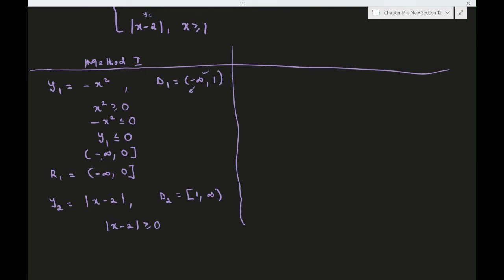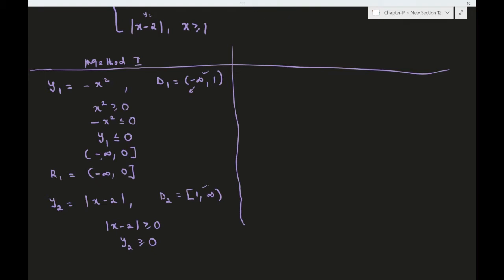Absolute value is always non-negative. And why do we have equal to 0? Because 2 is in this domain, so at 2 this becomes the absolute value of 0, which is 0. This is actually our y2, so y2 is greater than or equal to 0.